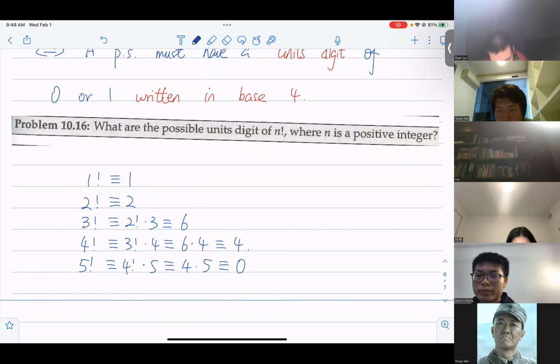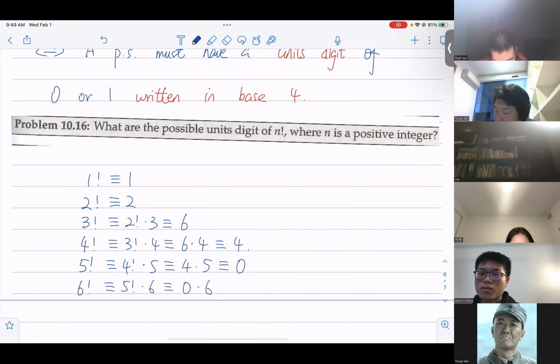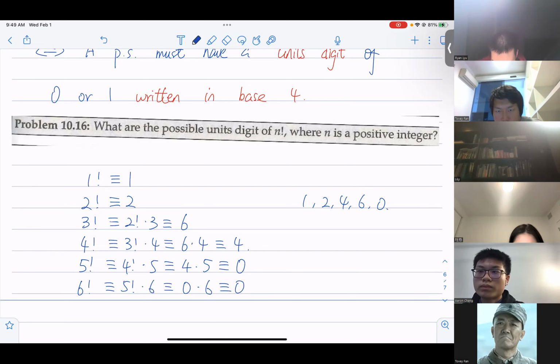So for example, 6 factorial is going to be 5 factorial times 6. 5 factorial has a unit digit of 0. You're gonna have a 0, and ever since you're gonna have zeros. Okay, so the possible unit digits here are 1, 2, 4, 6, and 0. Okay, make sense?